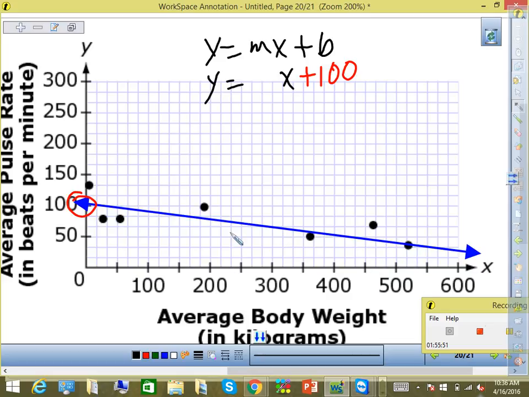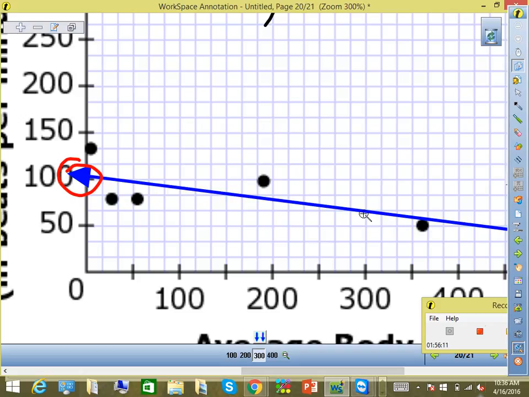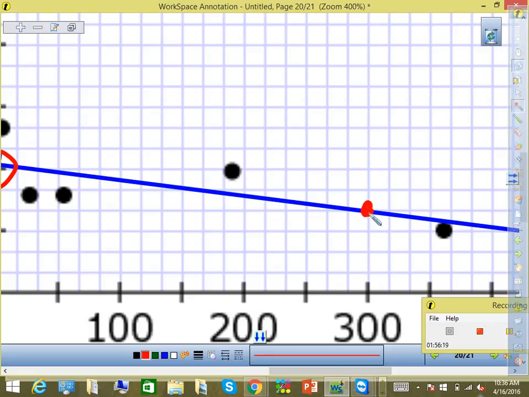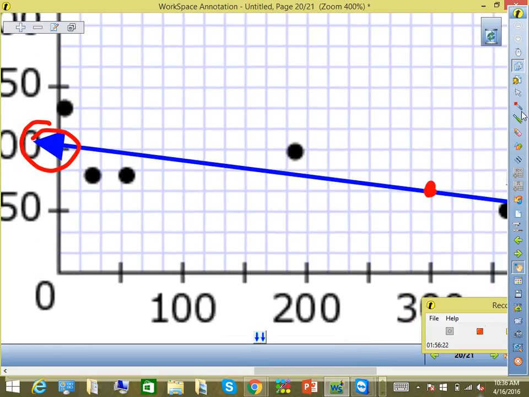I'm going to make 100 and this one right here. Do you see? Let me zoom in. Look up, please. Look at 300. Isn't 300 pretty close to the corner right here? So watch. I'm going to put another red point right here, and I'm going to find the slope going from the y-intercept to this point.